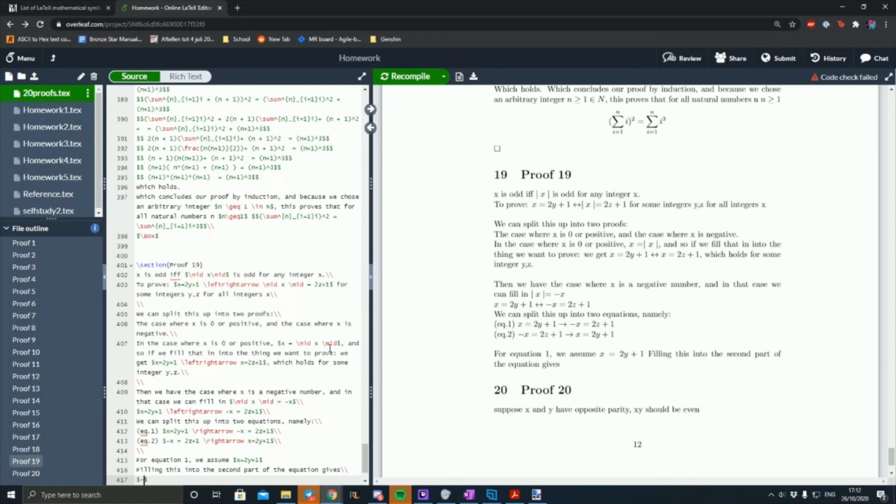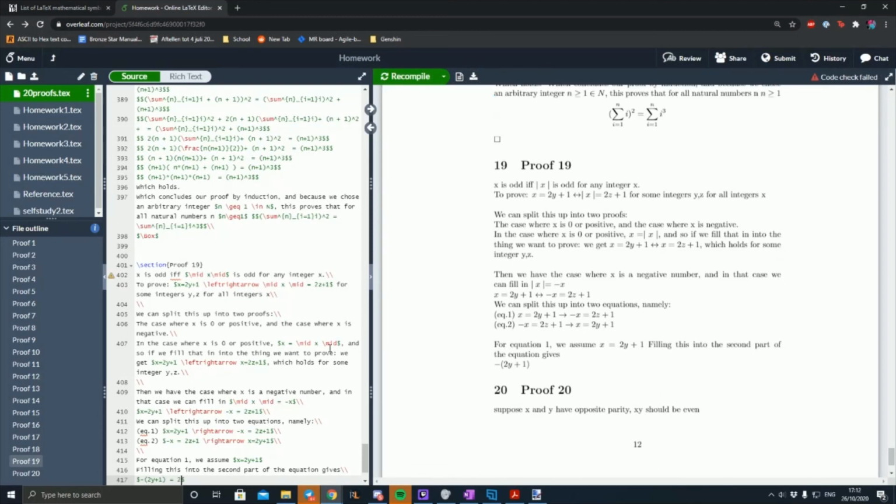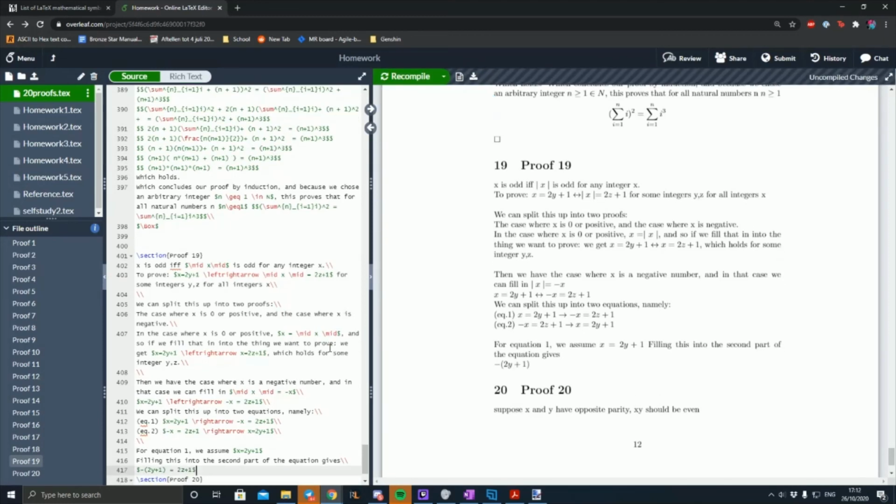Now you can get negative 2y plus 1 is equal to 2z plus 1. Yeah, okay, that makes sense.